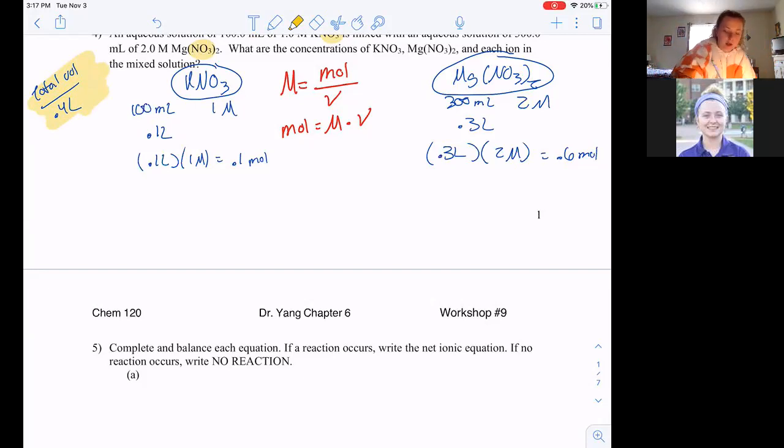So we have to divide by 0.4 liters to get the new molarity. We're adding everything together. So that's going to be 0.25.